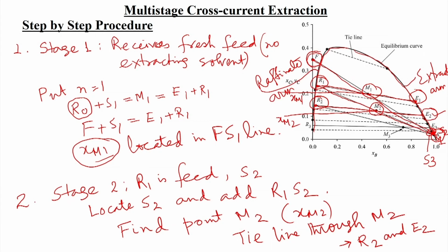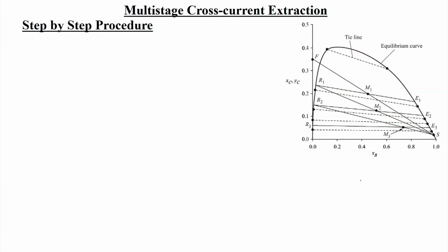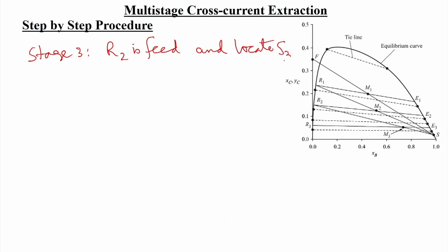So, what will we be doing now? We will again be adding R2 and S3 for stage 3. So, for stage 3, R2 is the feed, and we locate S3 there. Suppose S3 is placed somewhere else like this, and this is R2.